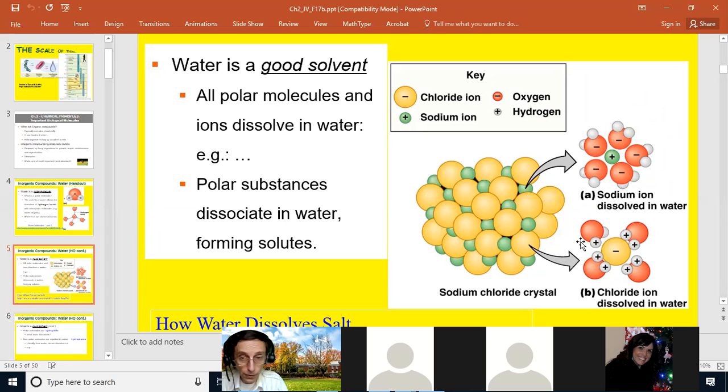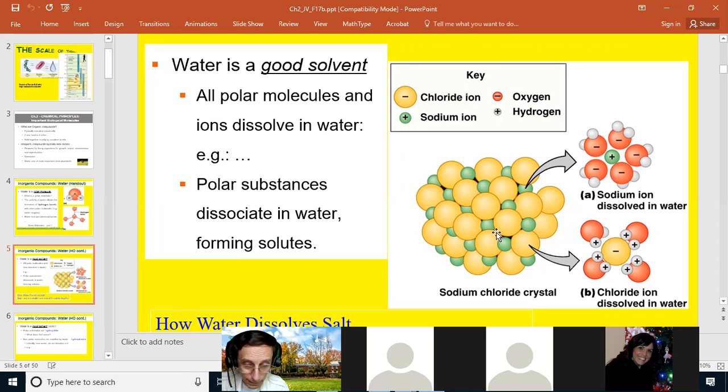And then for the chlorine, it'll be pulled into solution, and the positive hydrogen will be oriented in water towards the negative chloride ion, so that these ions can go in solution. So they'll be dissolved in the water.